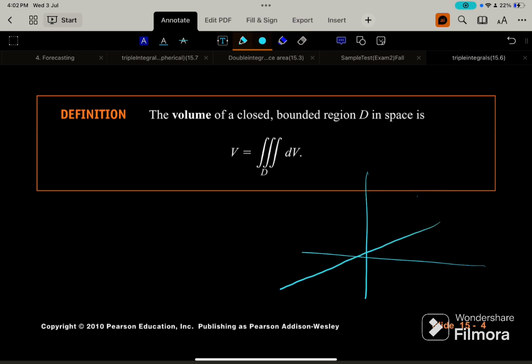Okay, not a 2D, since 2D objects have no volumes. They only have areas. And so let's draw, for example, a sphere like this. Or let's draw a box, or an inverted home like this. Whatever object that could be.